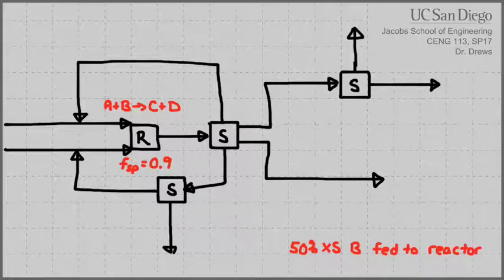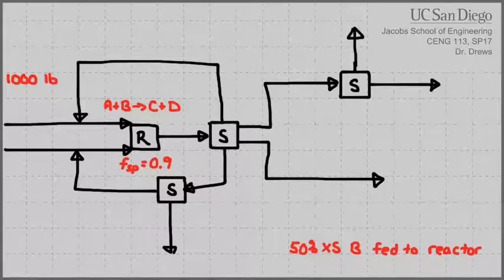And so now let's talk about what's showing up in our streams. I'm going to label these, keep going in red, because these are the things that were given to us. This first stream coming in over here is 1,000 pounds per hour. Actually, I'm just going to assume a basis of an hour so that I don't have to keep carrying around that hour term.